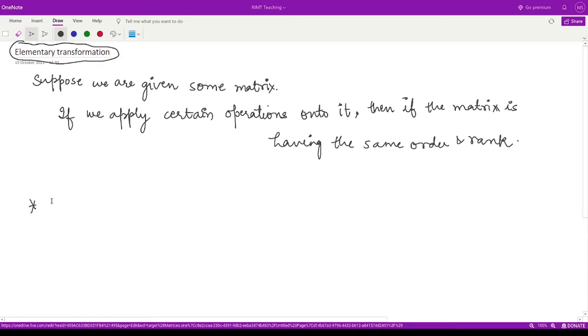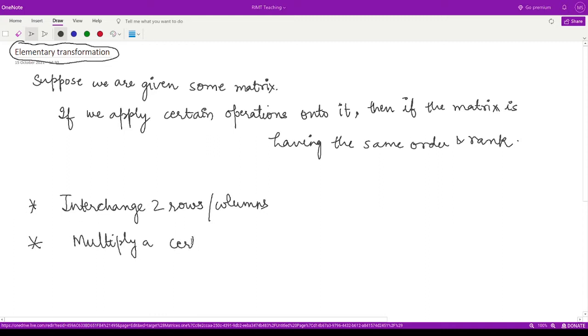So the first thing that you can do is you can interchange two rows or columns. Another thing that you can do is multiply a certain row or column with a number, which we usually take to be some scalar quantity.